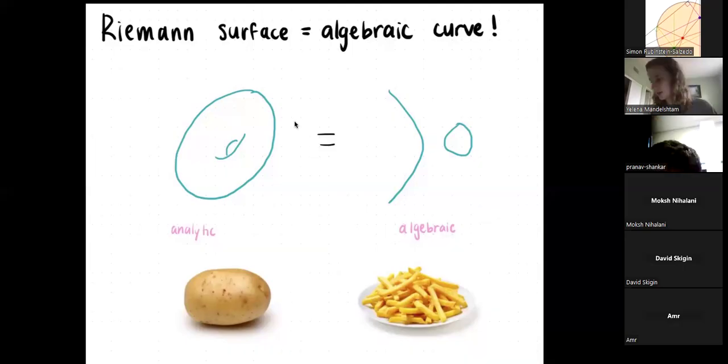There are some things that are easier to do analytically, some things that are easier to do algebraically. So if we had very good ways to translate between the two, that would make it easier: you start out studying something on the analytic side, then decide that something about it is easier to prove algebraically, and then you move to the algebraic setting, do it there, and then you can take it back. So ease of moving between the two would be very good for a lot of mathematicians.